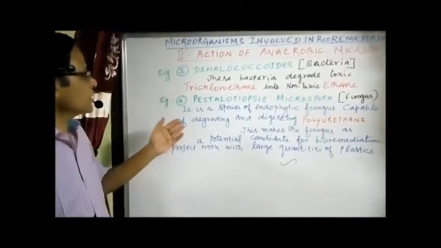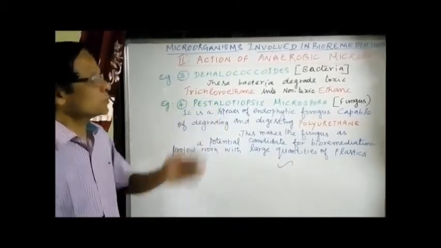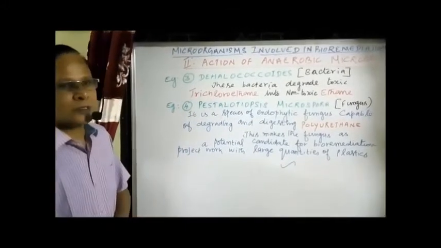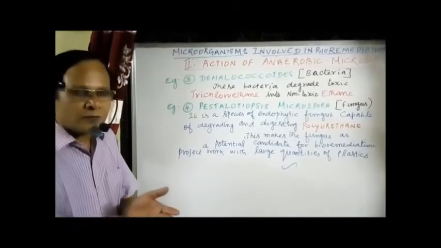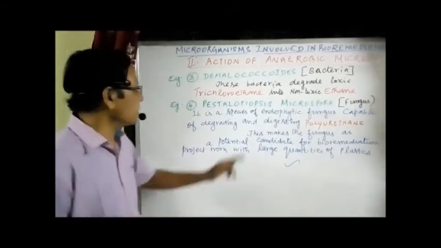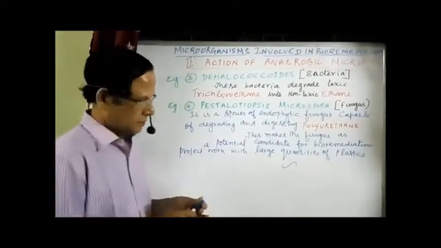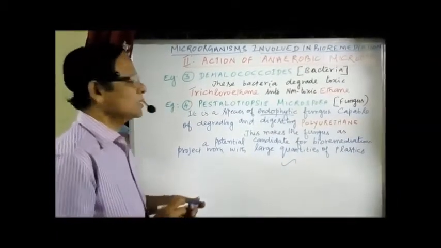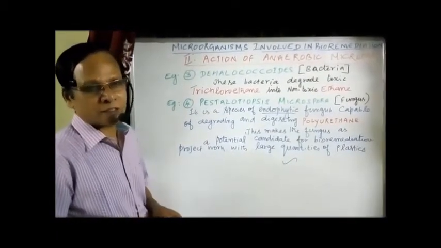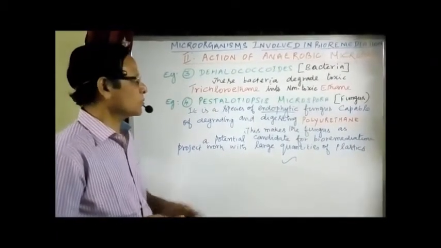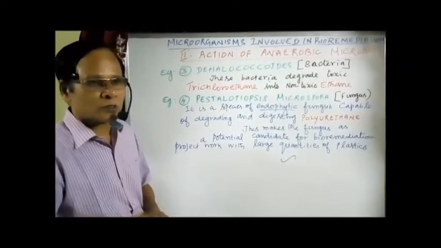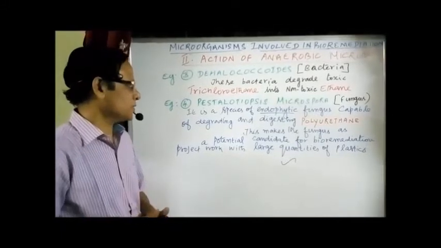Now the last one, Pestalotiopsis microspora. It is a fungus. It is living within the plant body, hence called an endophytic fungus. The meaning for that one: living within the plant body, endophytic fungus. It is capable of degrading and digesting another organic compound, polyurethane. Polyurethane is also being used in the preparation of some plastics.